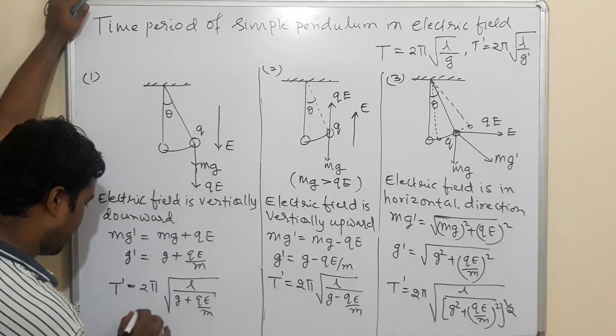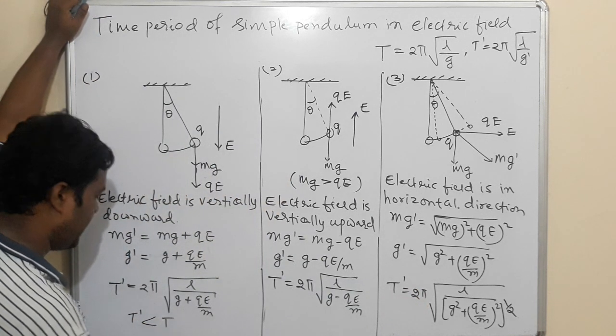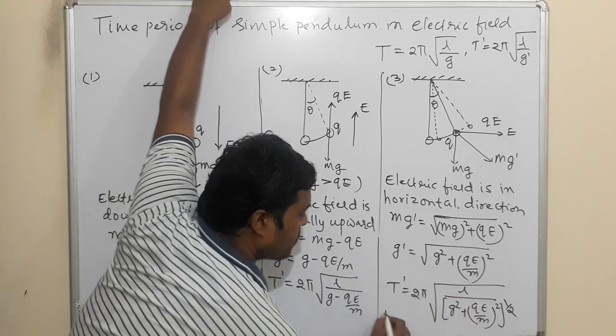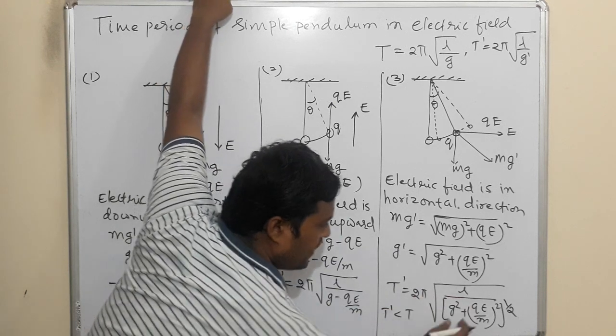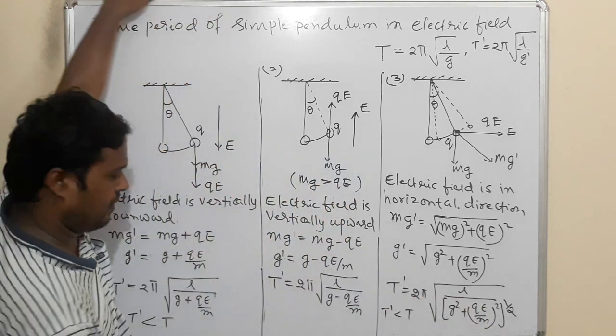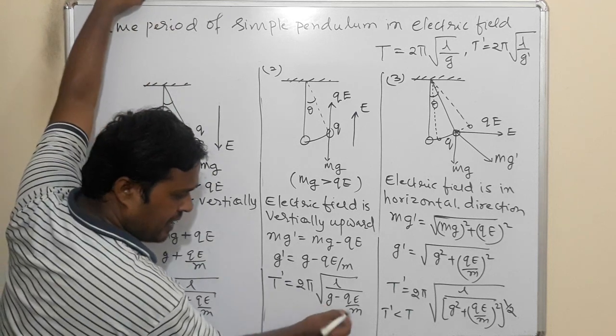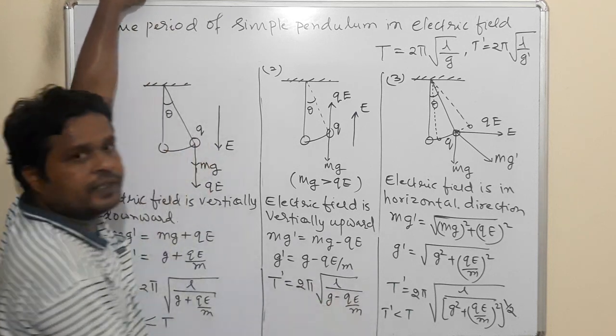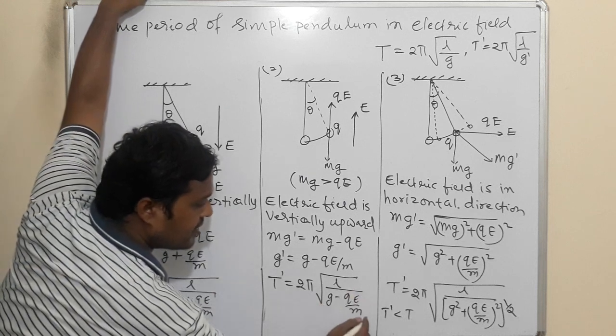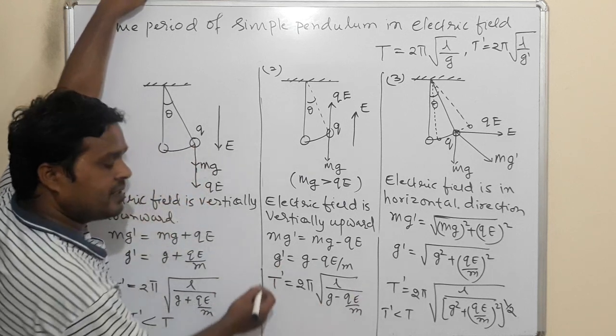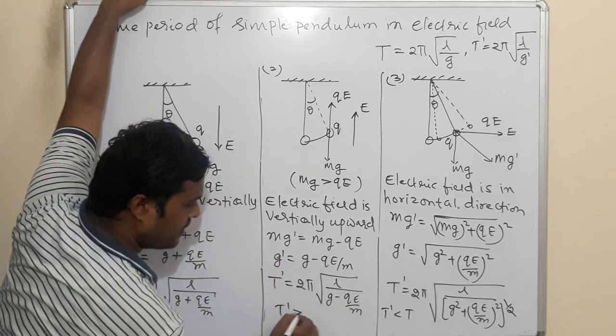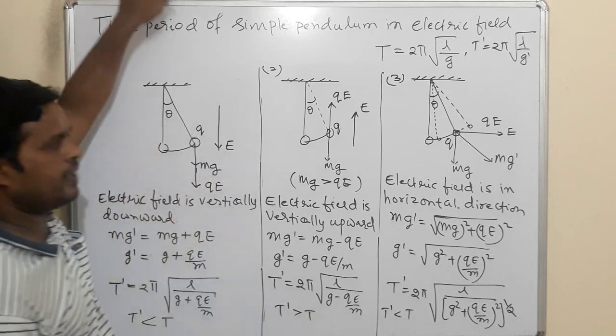In this case, I can find T dash is less than T. And in this case also we will find T dash is less than T because the denominator quantity is increased, time period decreased. In this case, it is g minus something. That means this quantity is decreased. Time period is increased. And in this case, T dash is more than T.